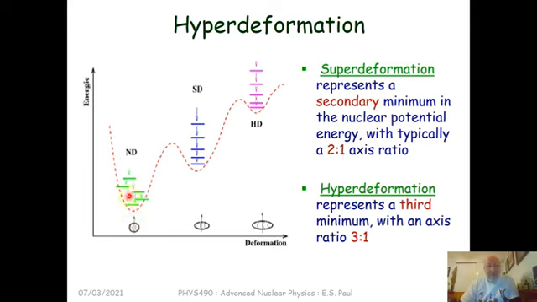So we have our low deformation normal states, then we have a second minimum, and this is where the super deformed shapes would come in here schematically, but then there may be another one here, a third potential minimum, or local minimum, which would correspond to a really elongated shape, or the hyper deformed shape here. So presently we have many examples of a super deformed shape, but so far we've not found any examples of the hyper deformed shape.